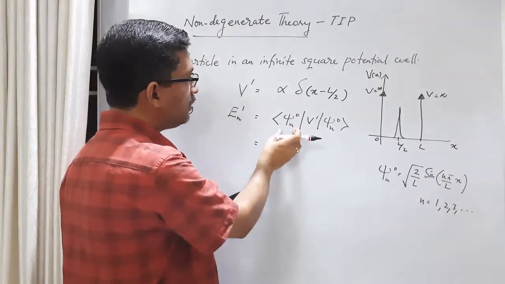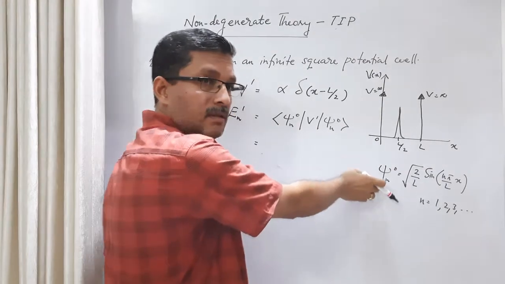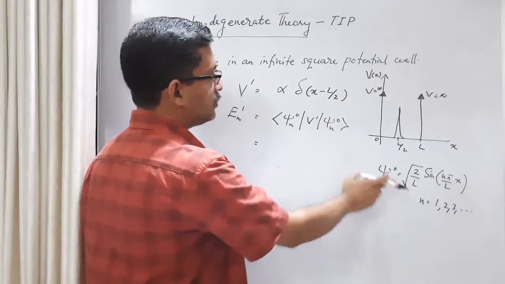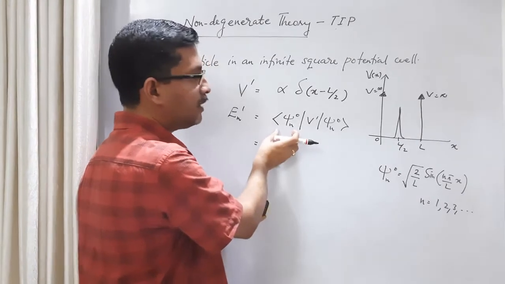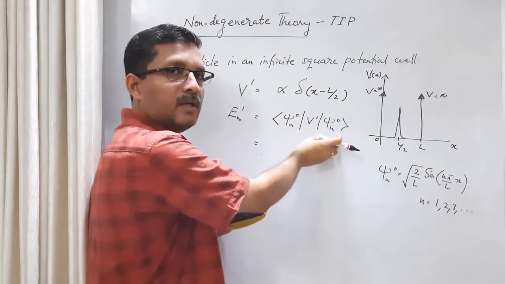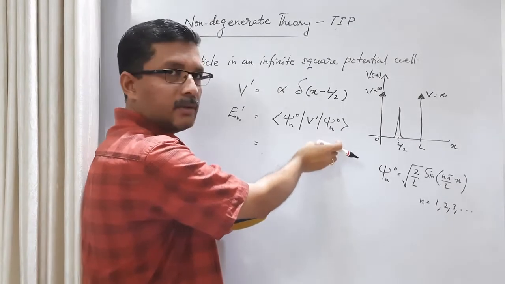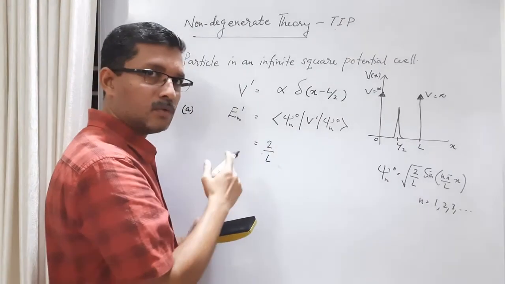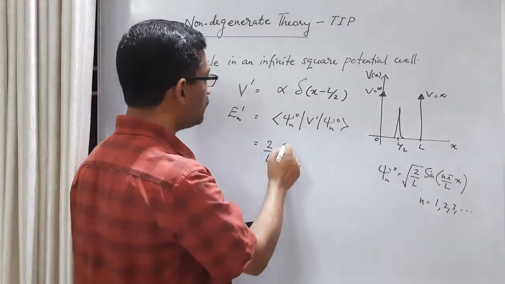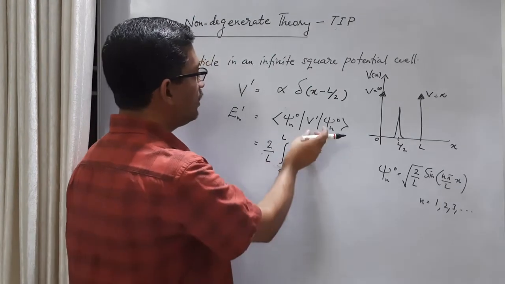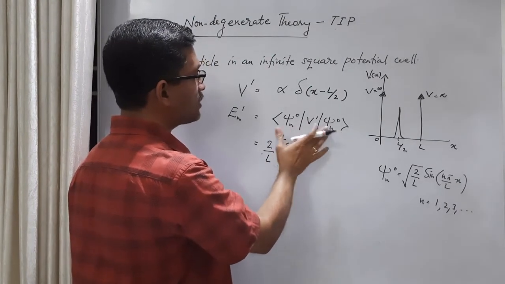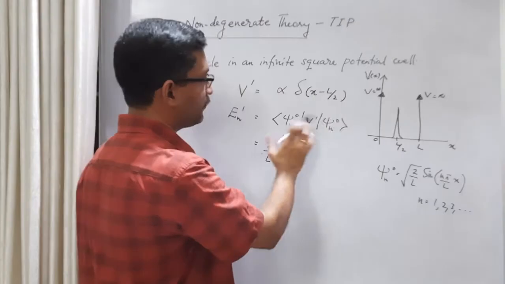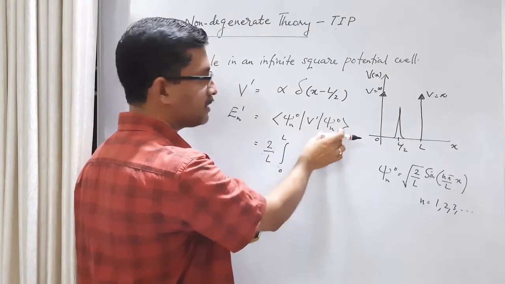Okay. Now here, look at this. It's a real function. So whether it is in a bra vector or ket vector, there is no change, there is no complex conjugate. So if you substitute that, there is a root 2 by L sin(n pi x by L) here, there is a root 2 by L sin(n pi x by L) here. So root 2 by L comes twice, so I can take it outside. Root 2 by L into root 2 by L will be 2 by L. And the remaining thing is the integral 0 to L. Since these are all real functions, I can write it in any order, and also there is no differential here, so I can combine this sine function here and sine function here.